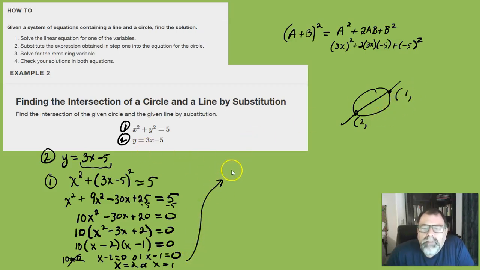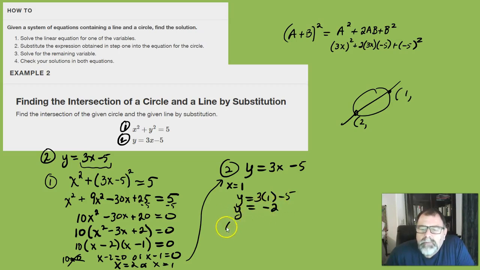So we're going to go back to equation 2 and plug in x equals 1. So y equals 3 times 1 minus 5, which equals -2. So that gets us 1, -2.